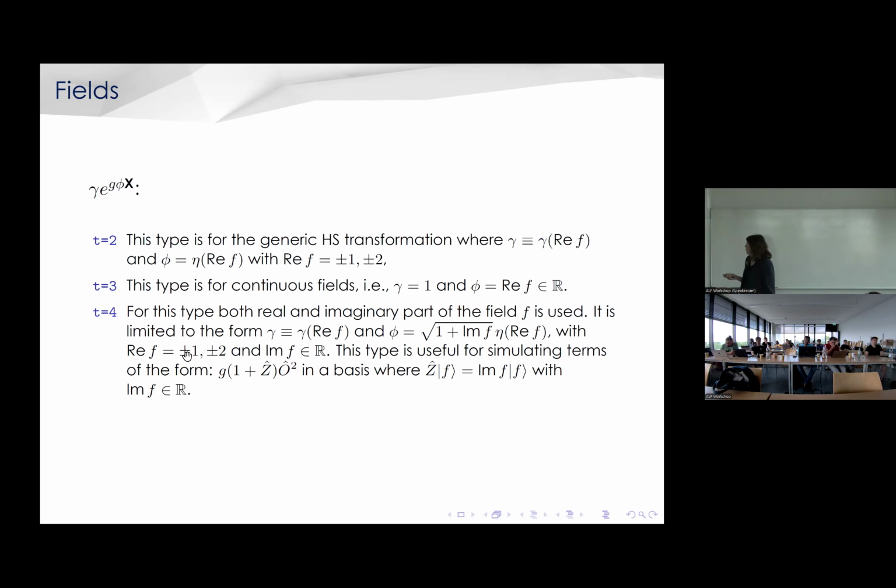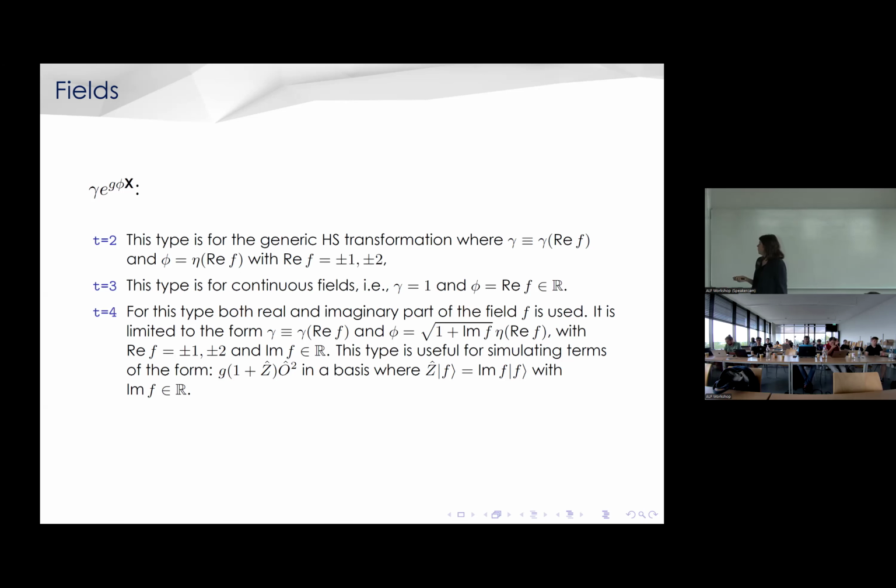And then finally, this is new to ALF this year, this type 4, which is the only one right now where we use both the real and imaginary parts of a complex field F. The idea here is we actually have one Hubbard-Stratonovich field of a type 2 kind, which is stored both in the exponent, depending on ±1, ±2, that changes this eta, as well as the prefactor, just as we would see for the type 2 fields.